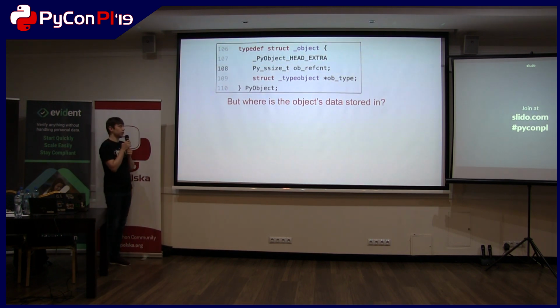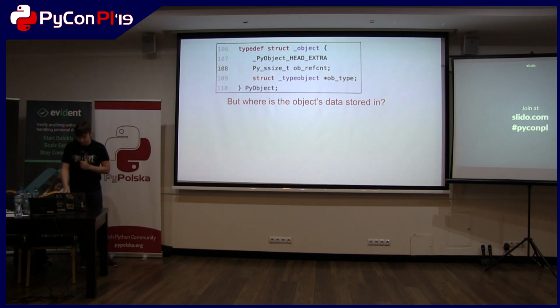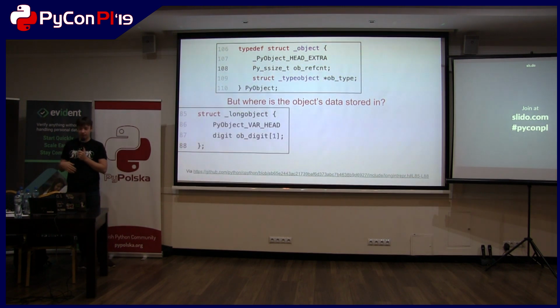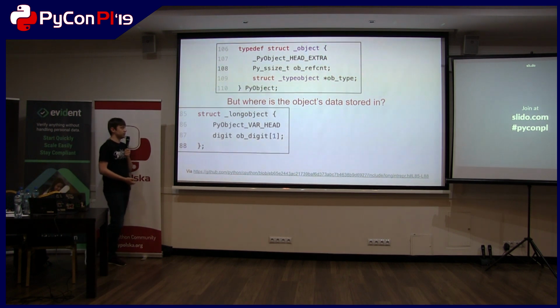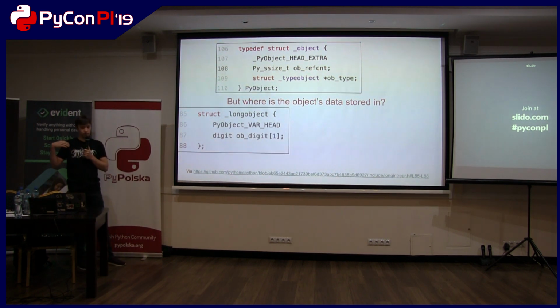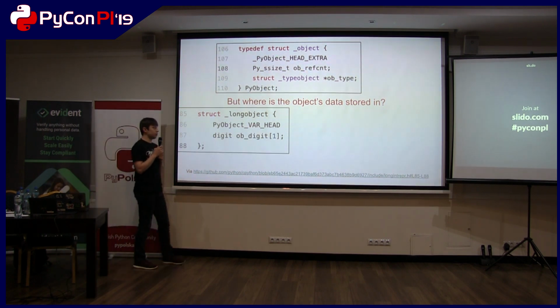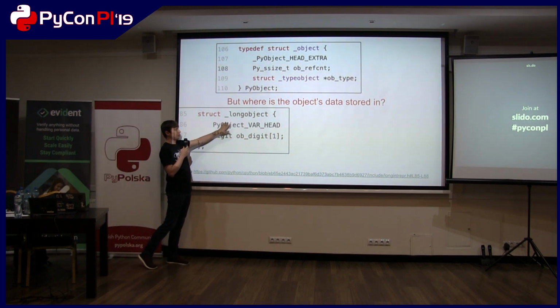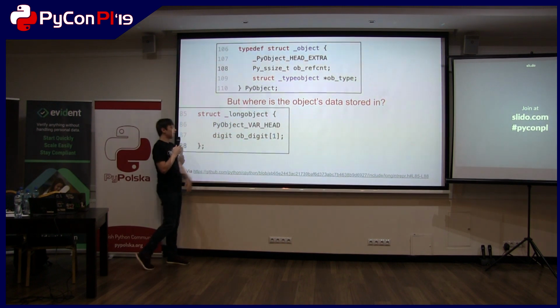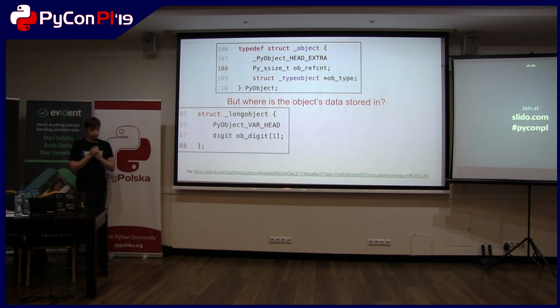Immediately after. Yes, because the thing is, let's look over an example of an object type in Python. For example, integers are actually structures of this underscore long object. It has two fields.